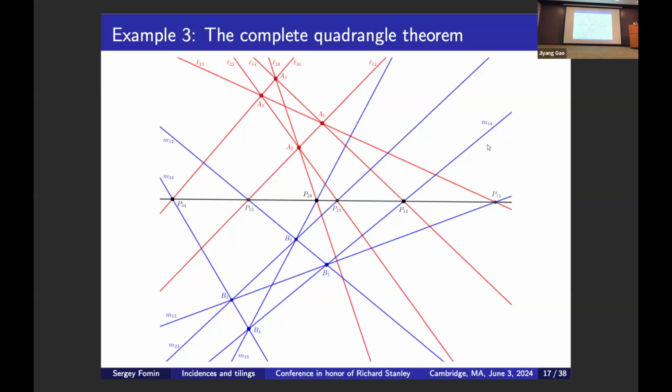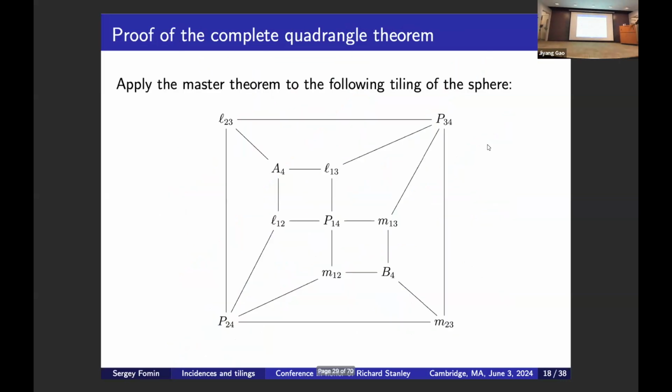They hit the black line at some 6 points, and you do the same downstairs with the blue stuff. If 5 of these points coincide, then the 6th one should. And here's the proof. It's a certain tiling of the sphere. If you have time, and I gave you the slides, which you are welcome to get from me, you could just sit down and check.